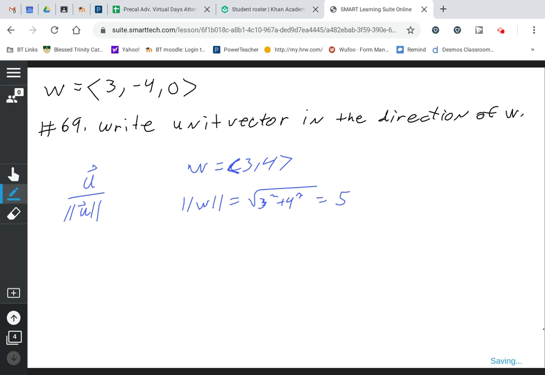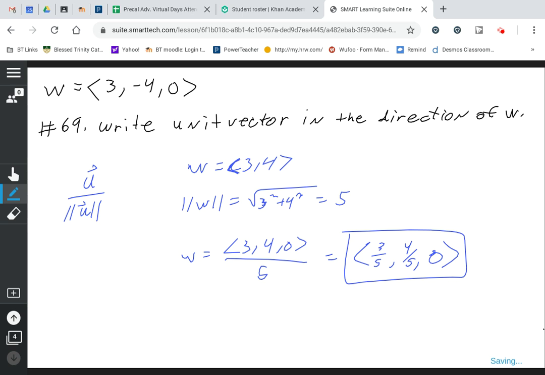So in our case here, W, 3, 4, and 0 over 5 ends up being 3/5, 4/5, 0.